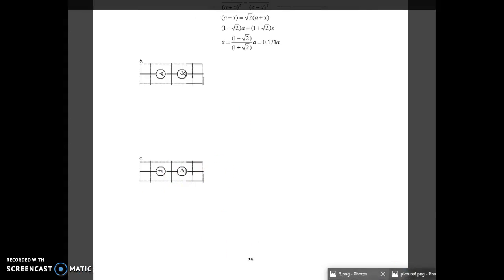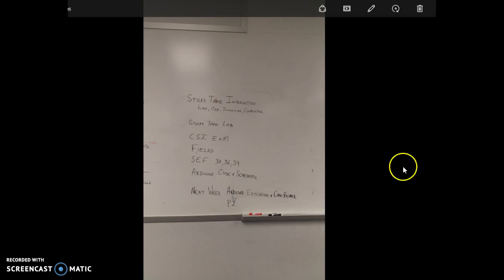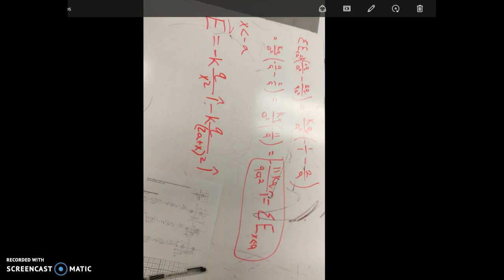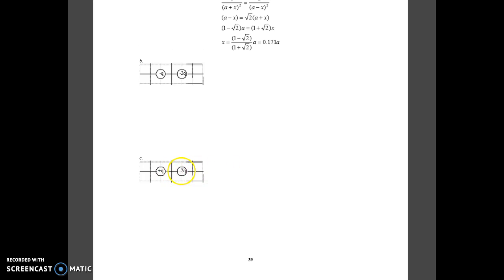For C, does not look like C. Looks like I forgot to take a picture of C, but by just looking at it here, we got a plus 1 charge, so we got a push and a negative.